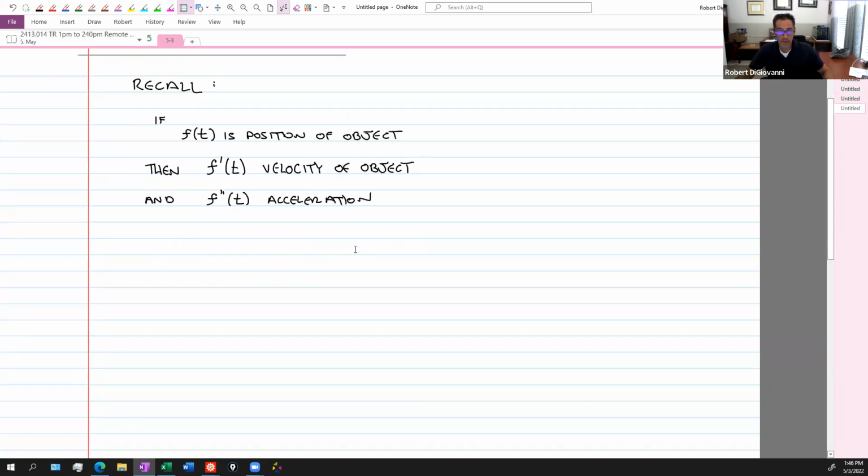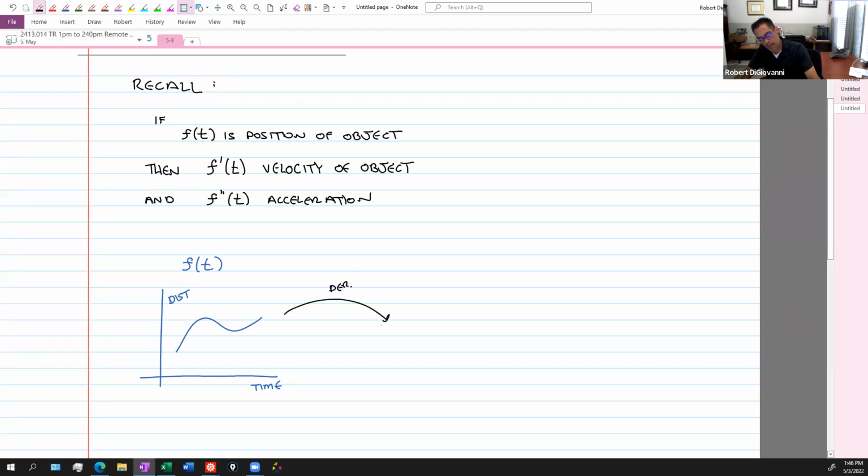So visually, it looks like this. If I give you some function f of t, which graphically, this is time and this is distance, then when we take the derivative of it, you now have a new graph where this is time and this is velocity, whatever that's going to look like.